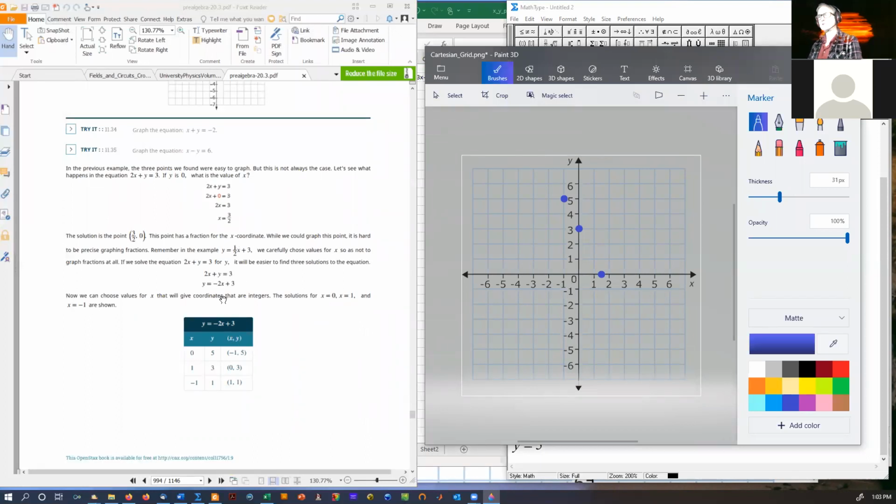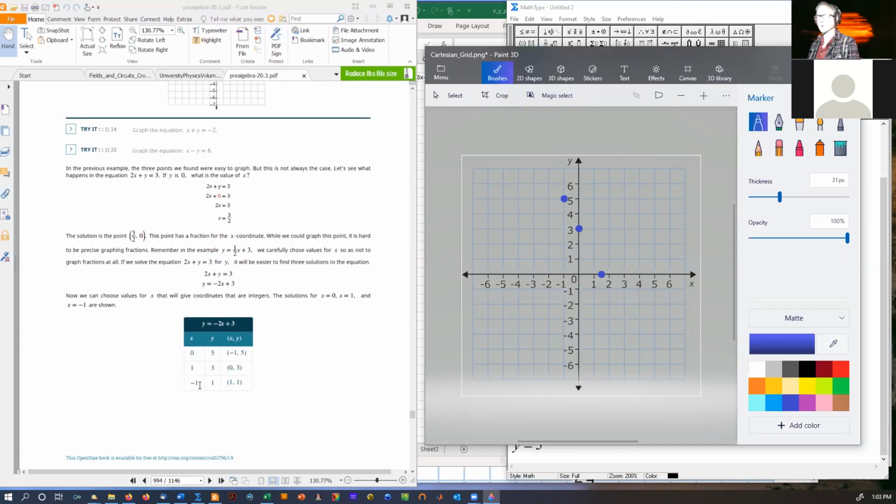Oh, and here they showed the same method I just did, where they rearranged the equation to give y equals negative 2x plus 3, which is the same as 3 minus 2x. So they did the same thing, and the solutions for x equals 0, 1, and negative 1 are shown. This isn't right. When x equals 0, this should be 3, so this should be 0, 3. When x equals 1, this should be 1: negative 2 times 1 is negative 2, plus 3 is 1.